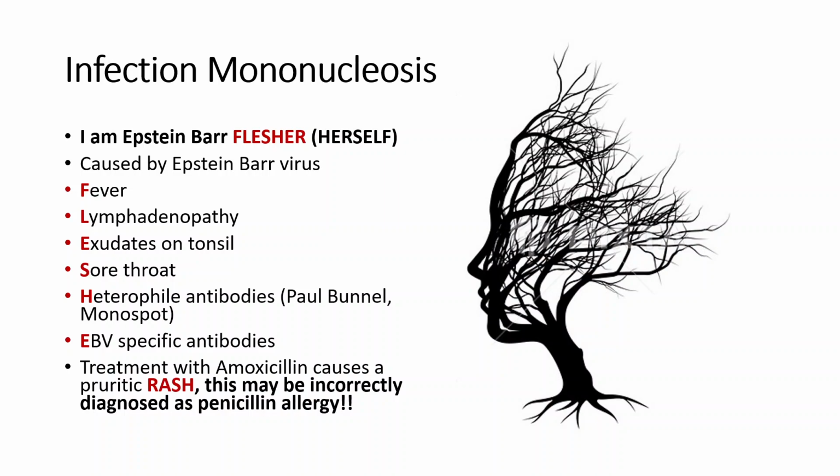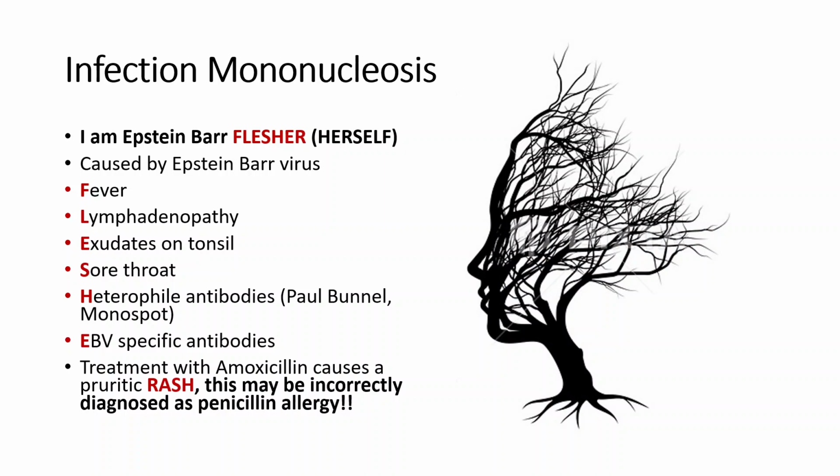Infectious mononucleosis, I use this to remember everything about this disease. I am Epstein-Barr Fleischer. Originally I used herself, but I was wary of people asking why I am using a female gender. So when I put in a little more effort, I discovered that Fleischer and herself are actually anagrams.